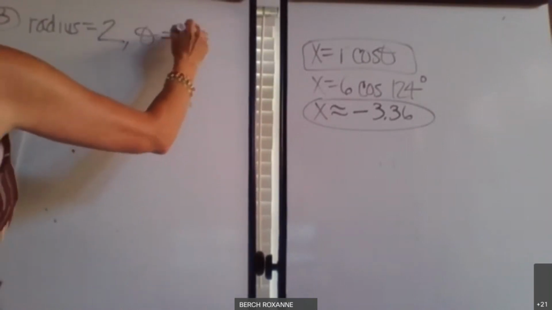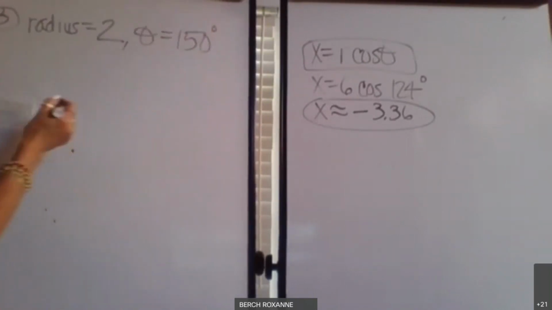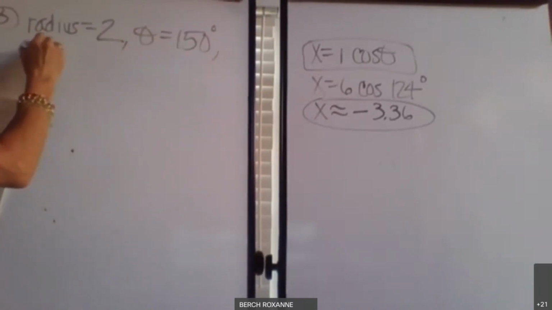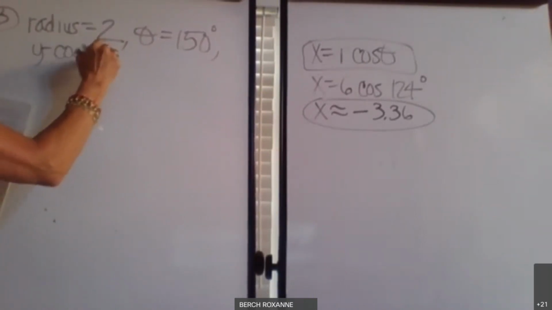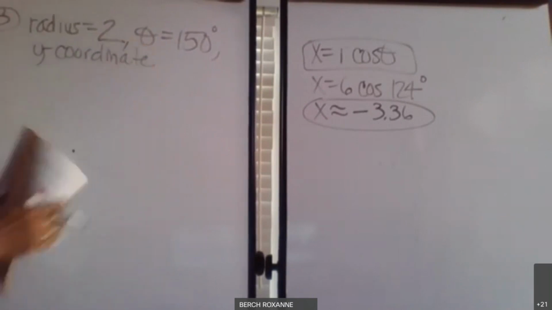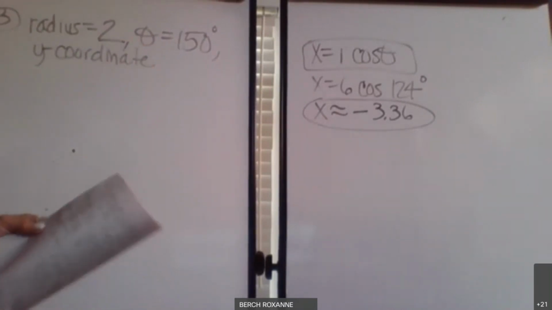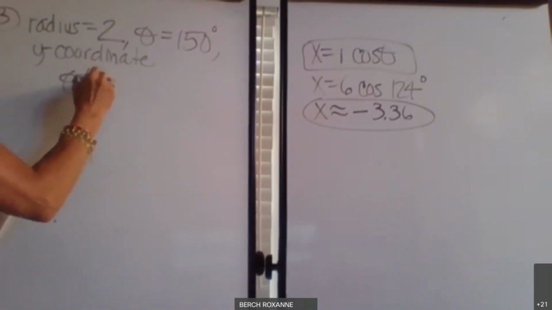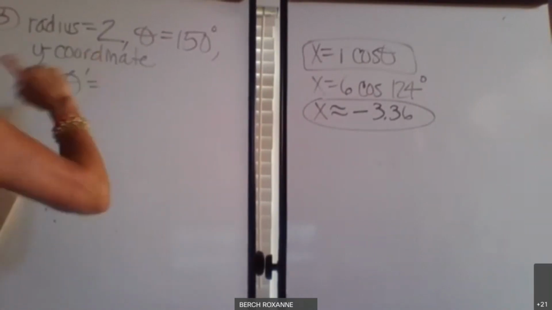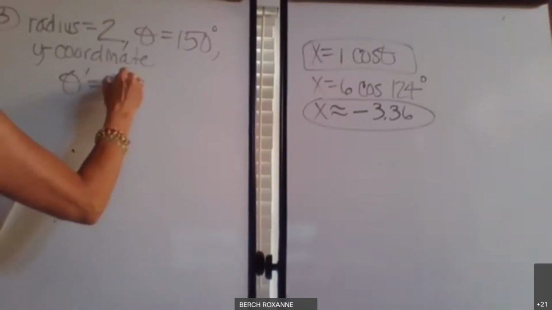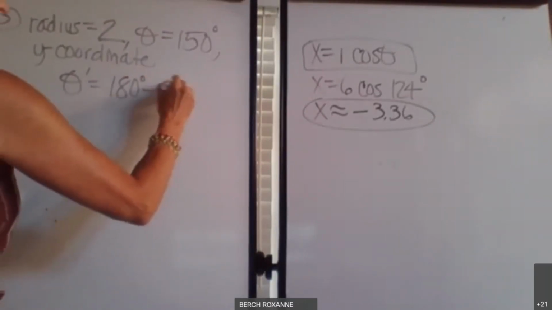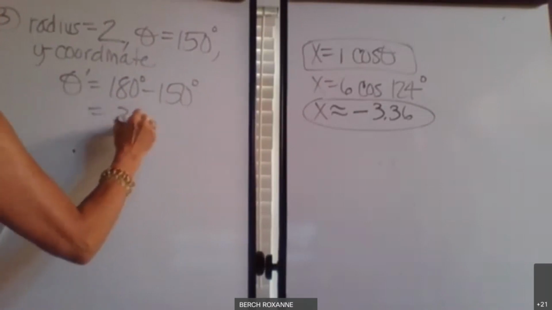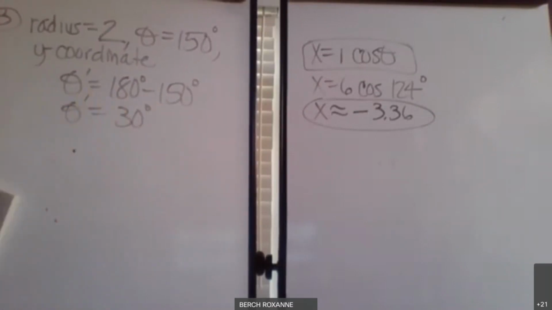The angle is 150 degrees. And they want us to find the y coordinate. So once again, we have to try it by hand and see what happens. The reference angle would be, once again, the closest horizontal, 180 degrees minus 150, which is 30 degrees. And we definitely know about a 30-degree angle.